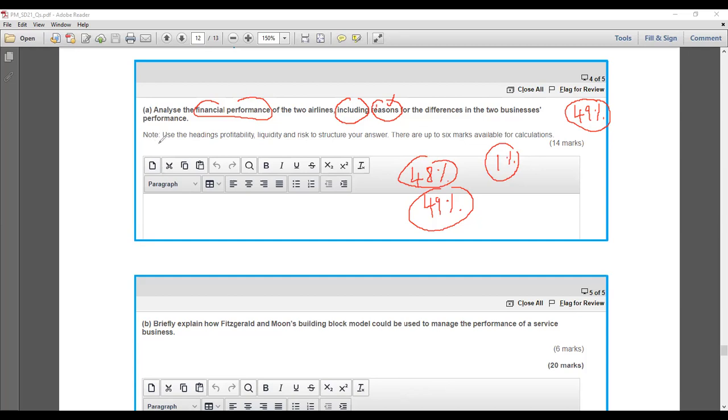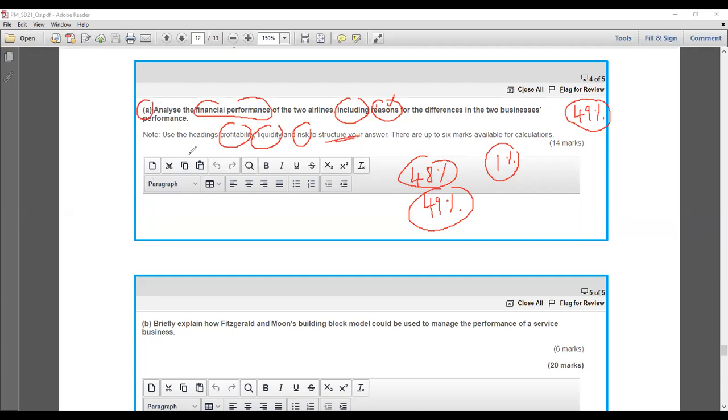Now, note, use the headings of profitability, liquidity, and risk to structure your answer. Like we have said, we haven't had a question of this type of financial analysis in a long time. This is not an ACCA question on PM, it's the first time.